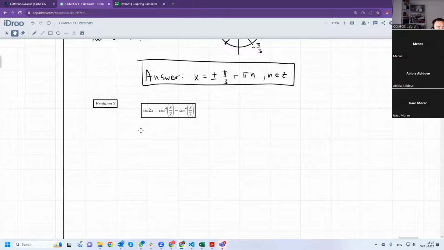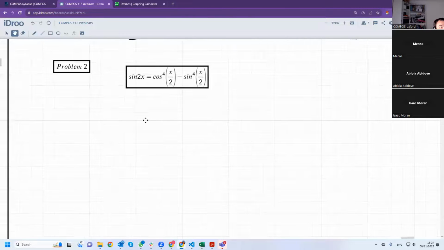Okay, problem 2. You have sine 2x is equal to cos^4 (x/2) minus sin^4 (x/2). So in most equations, which are not basic, you need to do something to it.